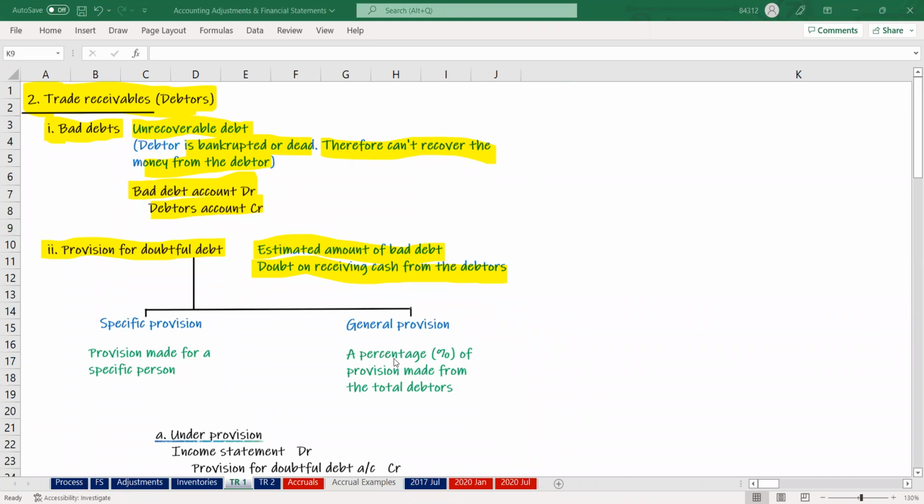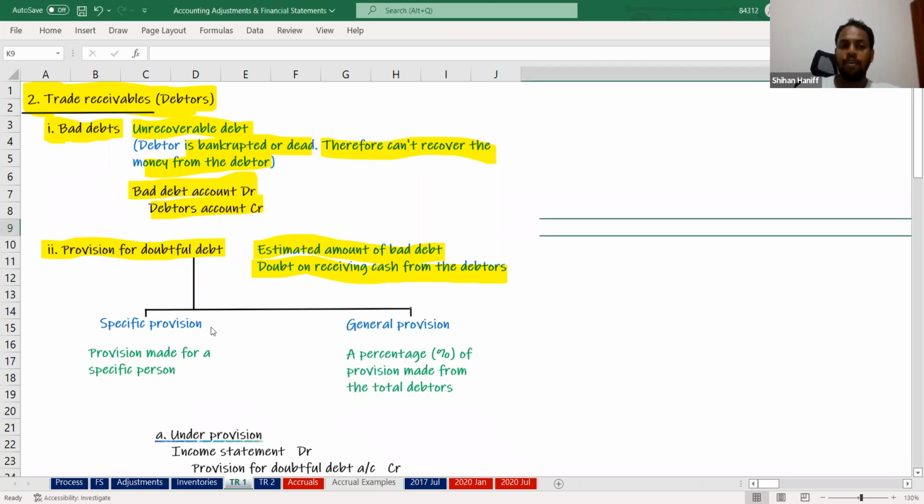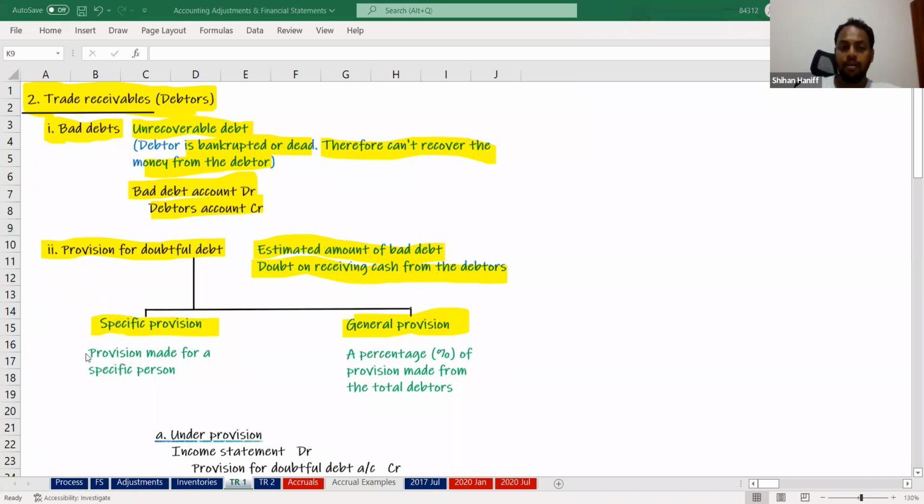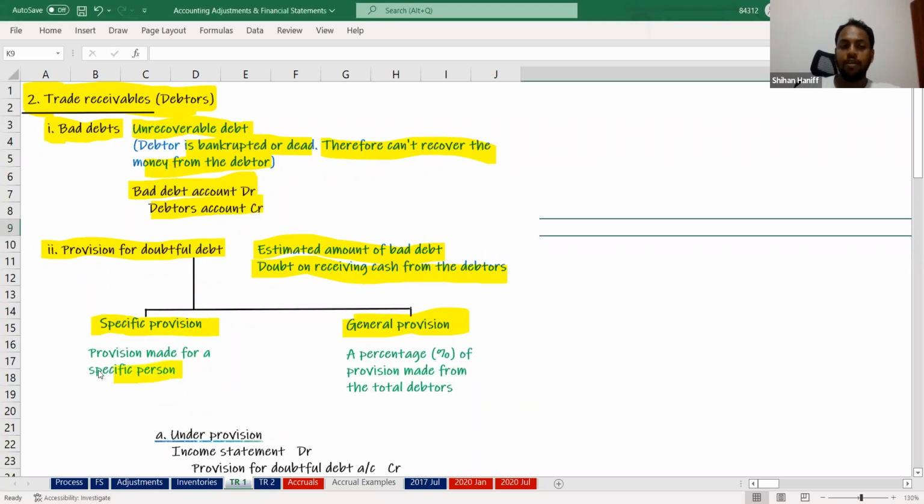So there are two types of provision. One is specific provision. The other one is general provision. Specific provision means a provision made for a specific person that you know, Mr. Pereira will not pay.